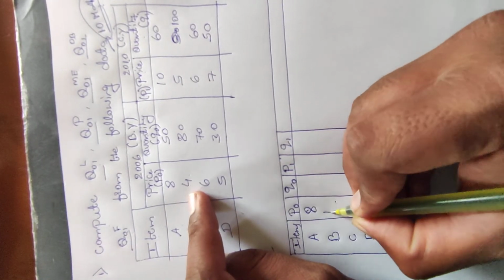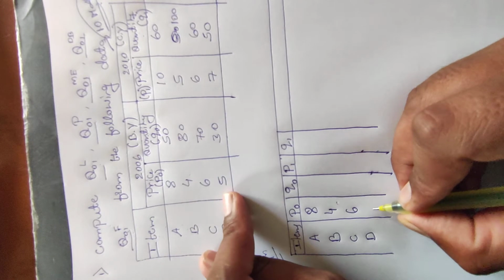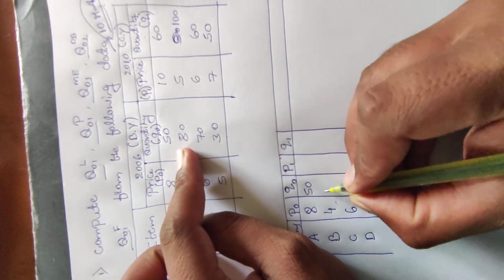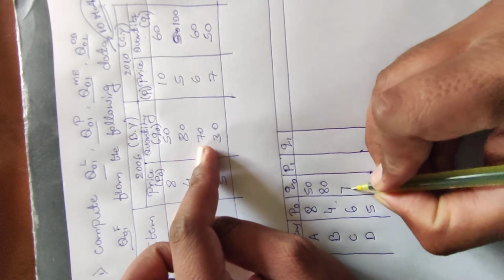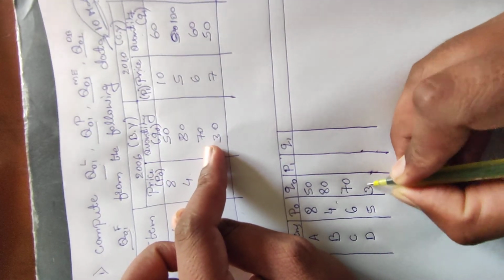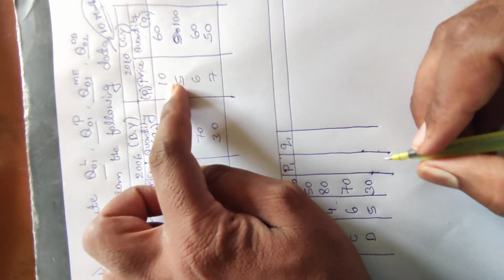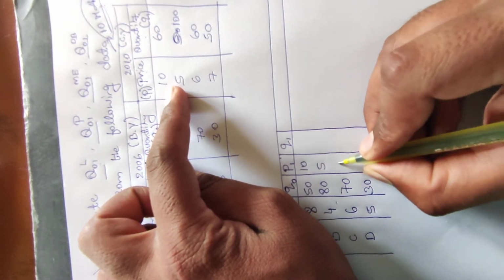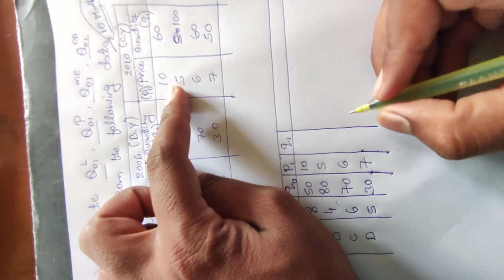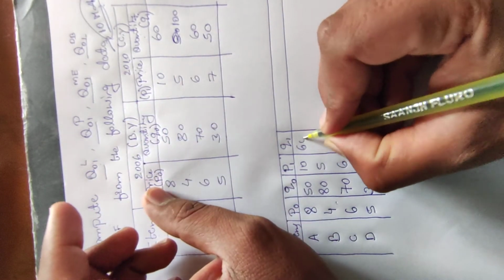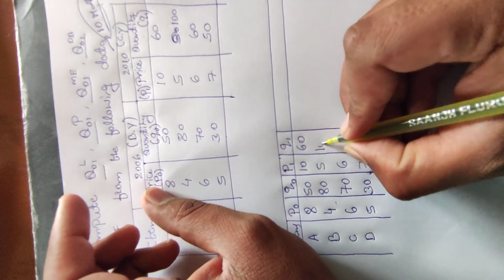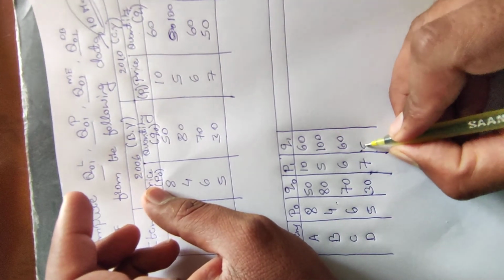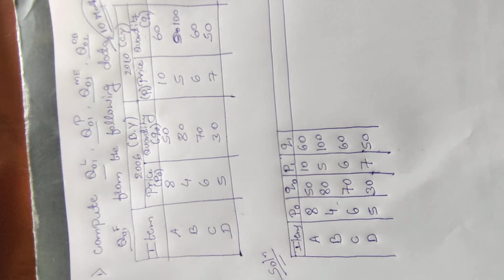P0: 8, 4, 6, 5. Q0: 50, 80, 70, 30. P1: 10, 5, 6, 7. Q1: 60, 100, 60, 50. This is the given information.